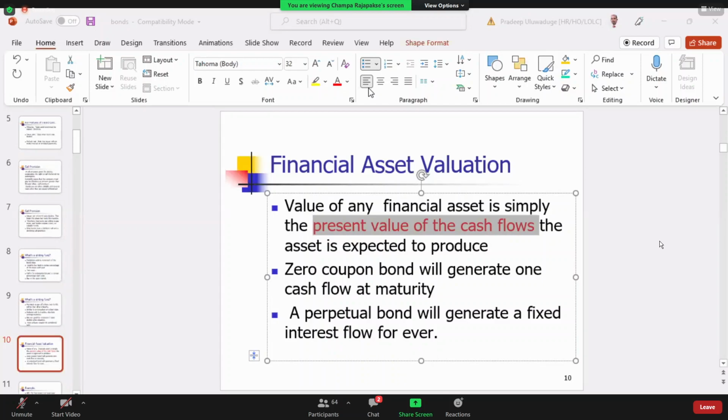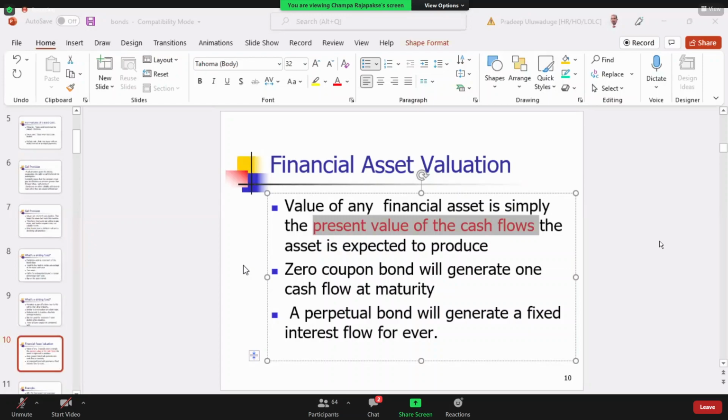Then a zero coupon bond will generate one cash flow at maturity.